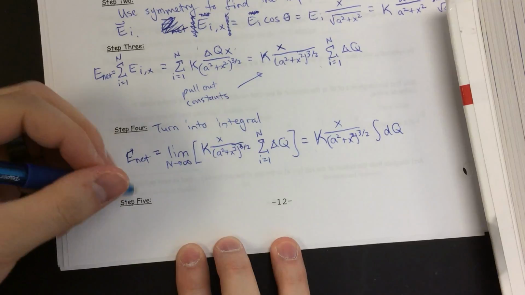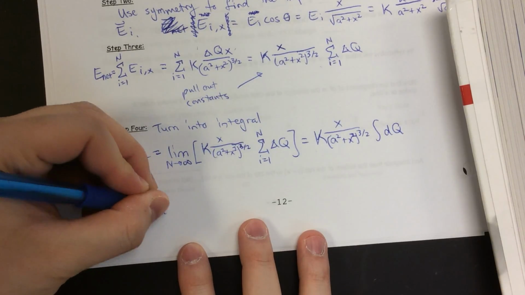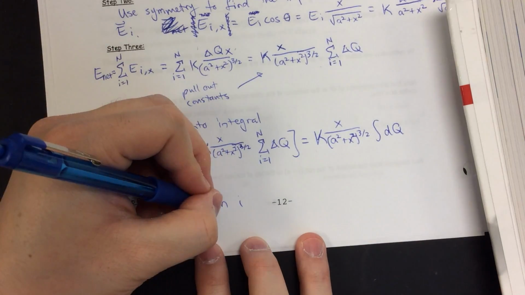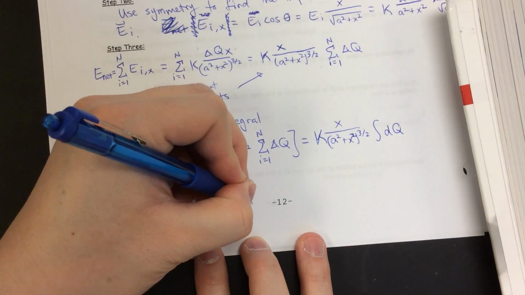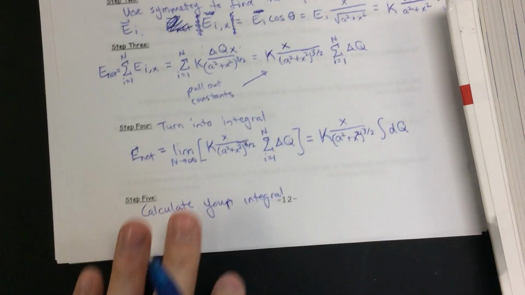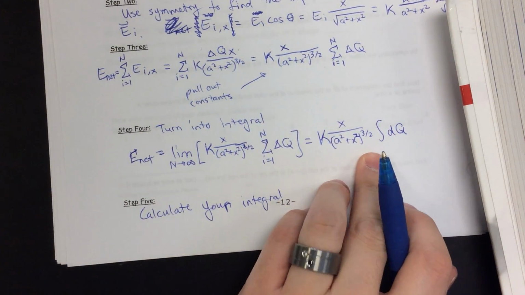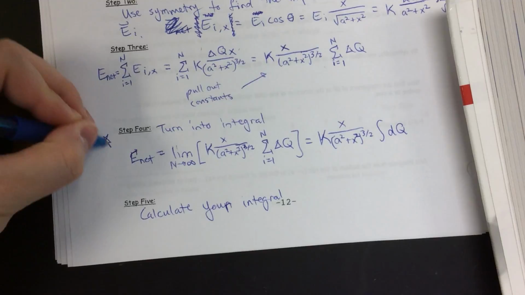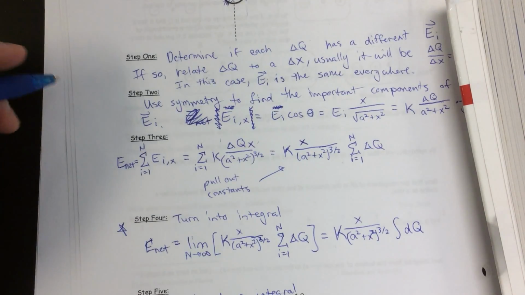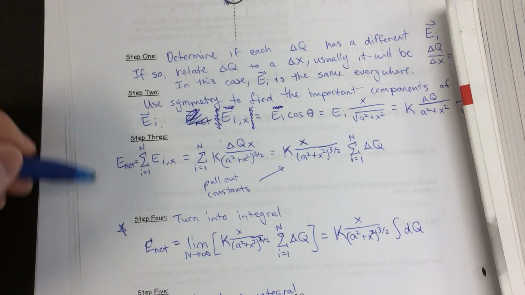Your step 5 is the step that I'm not concerned about for now. Your integral, that's really the last step, right? Calculate it out. But in this case, it's pretty straightforward. But I just want to make sure you guys can get to step 4. How do you create that? Can you do step 1 through 4?